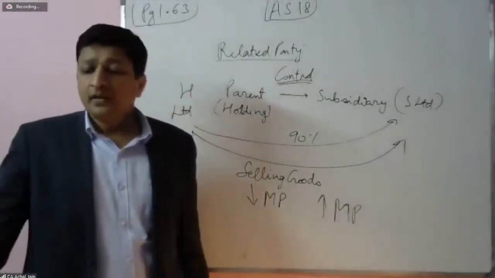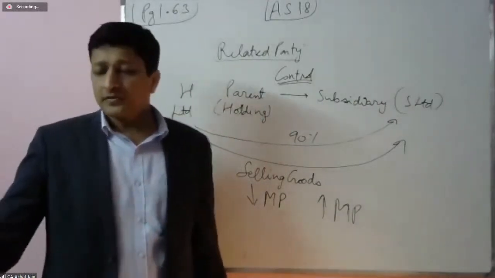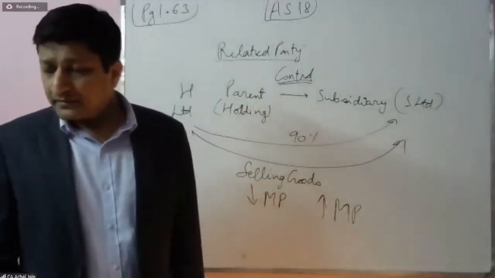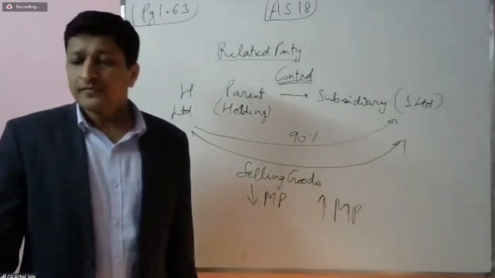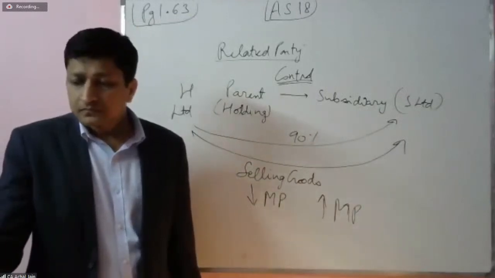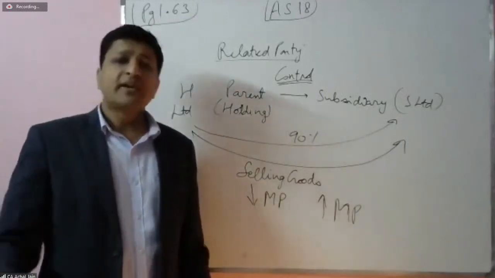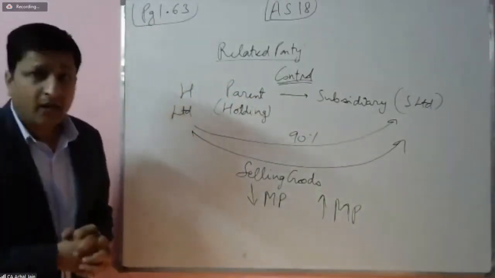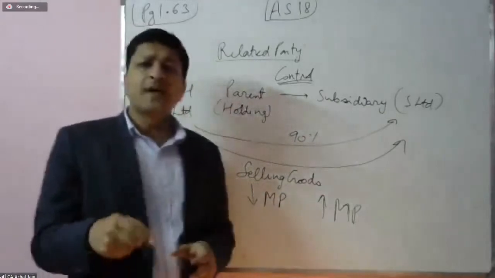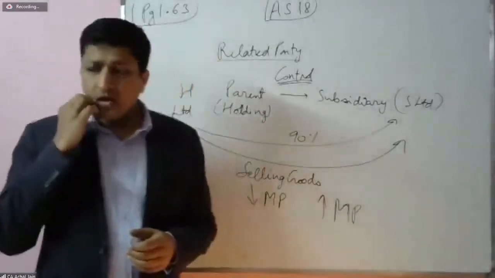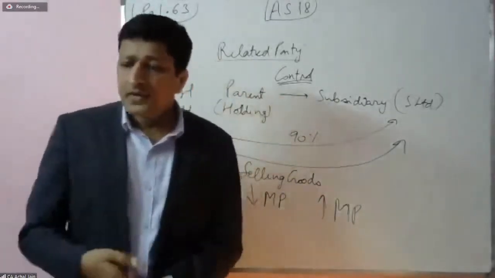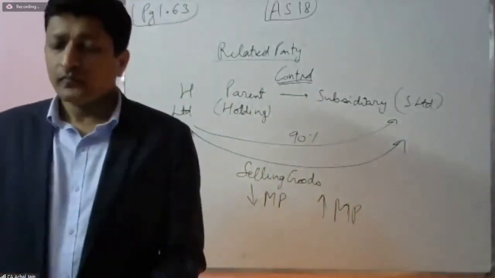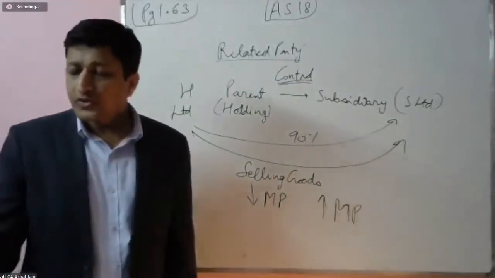Do you see any impact because of this? Quickly, if the companies are carrying out transactions at below market price or above market price, what could be the impact? Yes, quickly, over to you. What are your thoughts? Quickly, I'm waiting for a response.